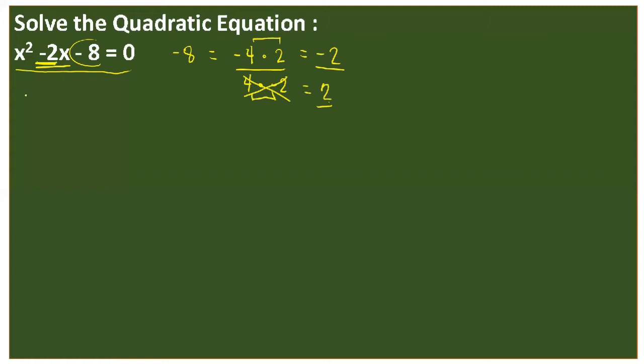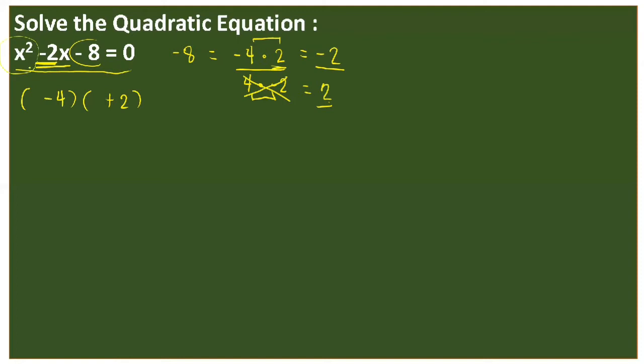So let's try to form it into a factored form. The first one is negative 4, so minus 4, and the other one is positive 2, therefore it is plus 2. And then, to get the first term in the binomial of each factor, let's factor the first term, or the quadratic term, which is x squared.